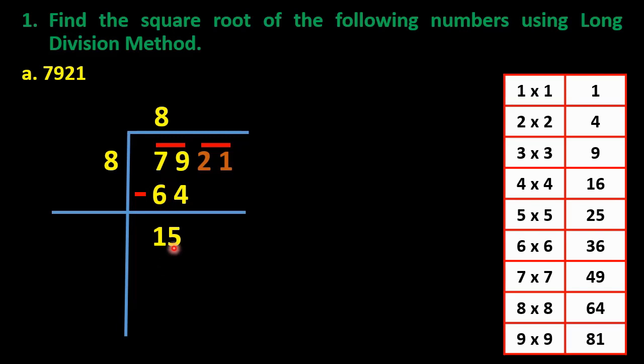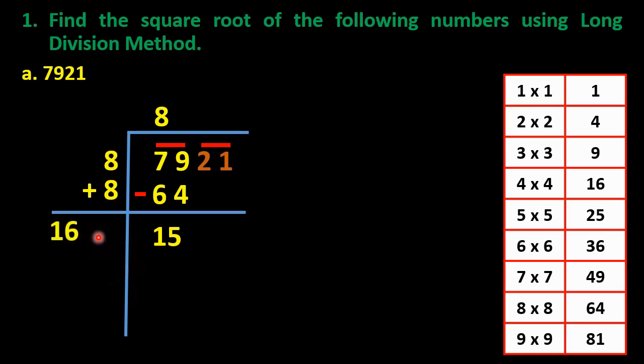Now next what you have to do is, this is the quotient, so we have to add it here. Here I am adding this 8 which is on the top of 79. So 8 plus 8 is 16.